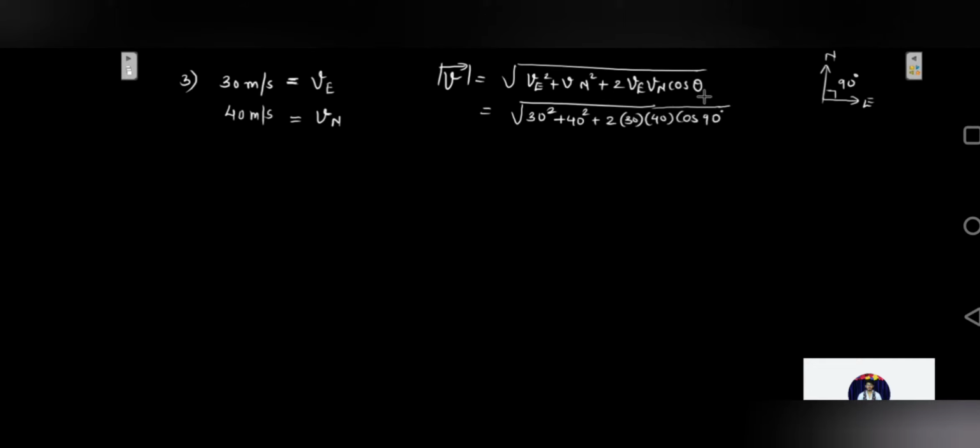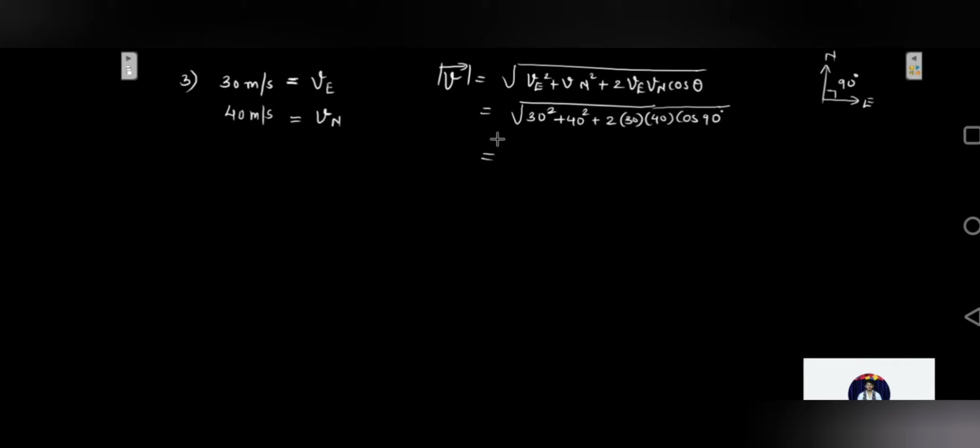Or we have seen the special case while doing the derivation. You can use the same special case formula over here. That is root of a square plus b square, because cos of 90 will be, sorry, cos of 90 will be 0.